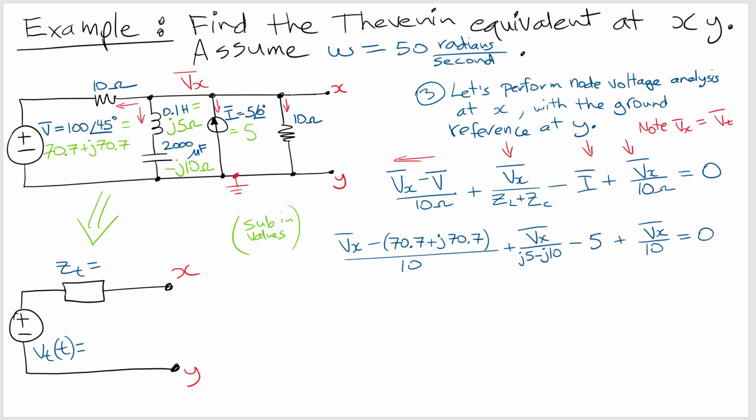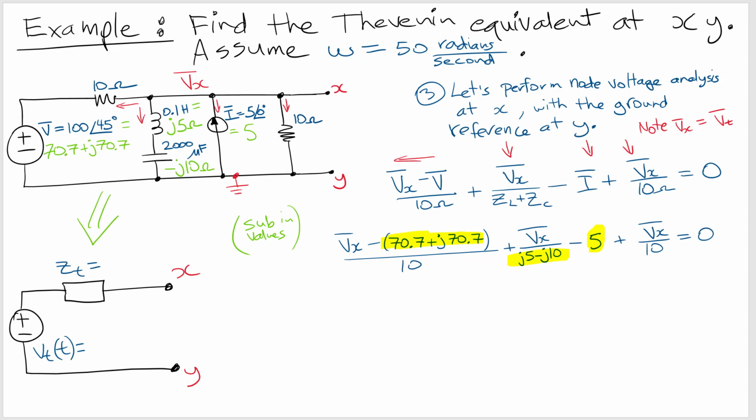So we're going to sub in the values that we've got. We've got a value for V there, and then we'll put in the values for ZL and ZC, put in the value for I, and we already had the values for the two 10 ohm resistors, so that's that.